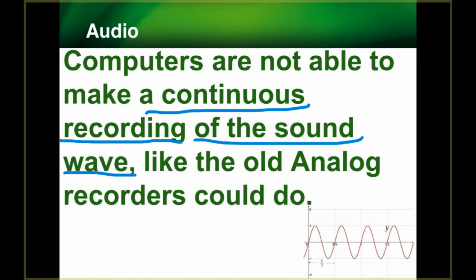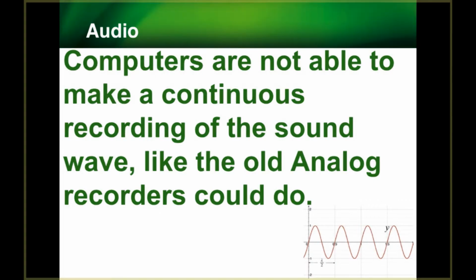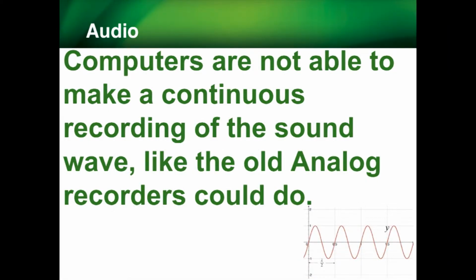When you're recording on analog audio tape, it was continuously moving tape and it would continuously be recording what was happening. Computers are not capable of doing that. It's impossible for them to record every little tiny plot on this waveform mathematically. So, how do they do it?